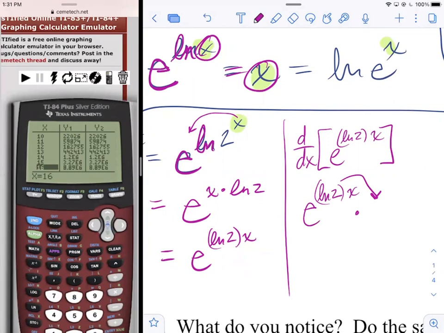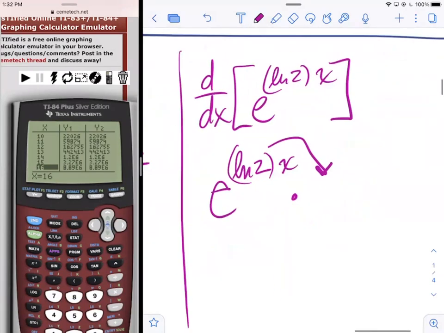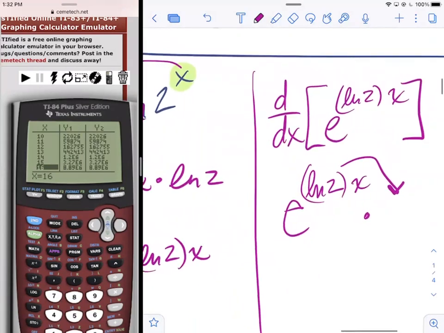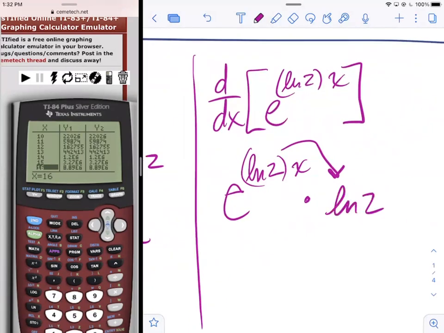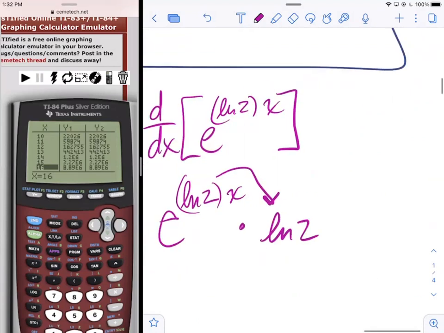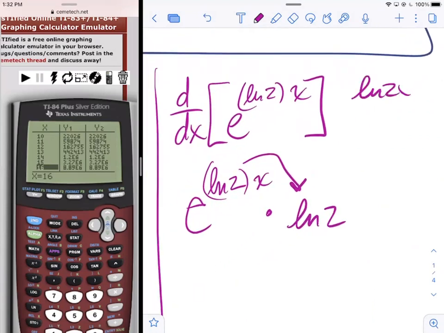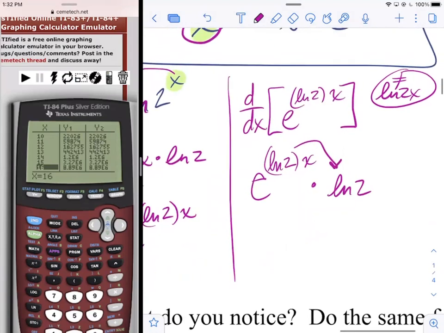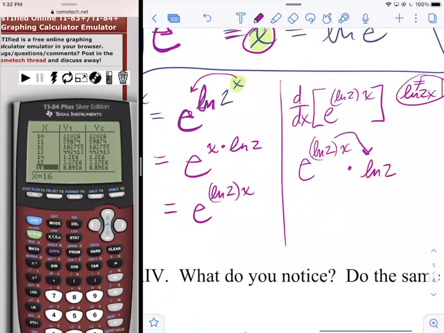Well, if natural log of 2 were 5, what would be the derivative of 5x? 5. Yeah, what's the derivative of 3x? 3. What's the derivative of a number times x? That number. So it's just the natural log of 2. Okay, again, notice this is not the natural log of 2x. That's not what we're talking about. We're talking about the natural log of 2, the number, times x to the first power. It's linear.